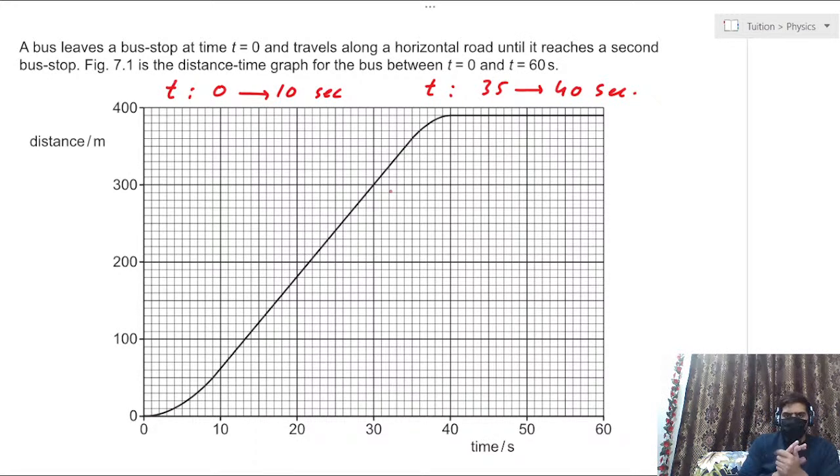First of all, you simply try to figure out at what point the steepness of the graph is maximum. I can say that in the interval between point A and point B, the line is the steepest. So if we find the gradient of that line, we can find the maximum speed.